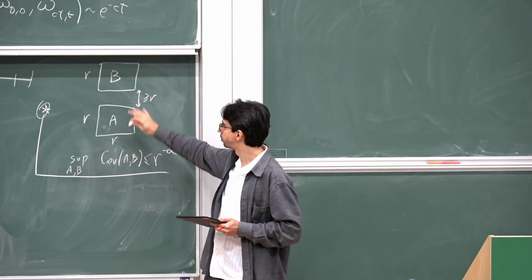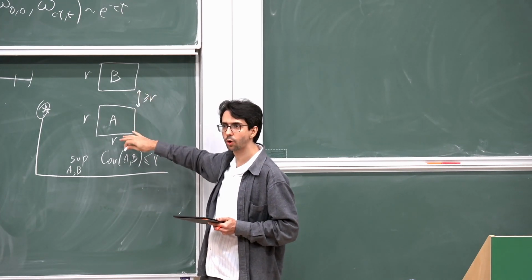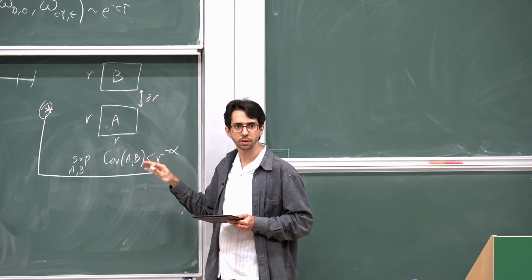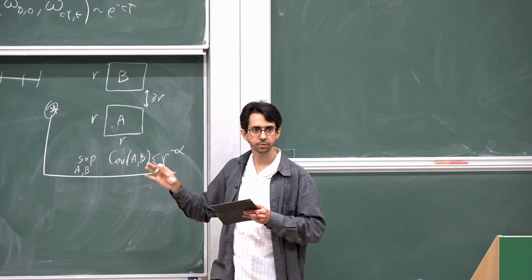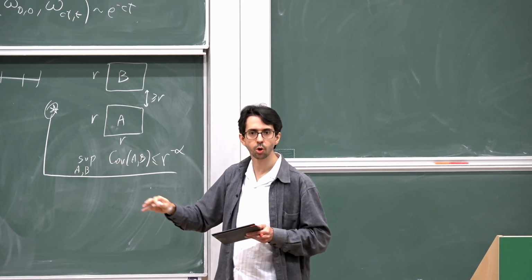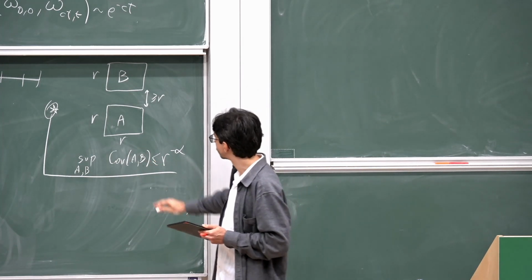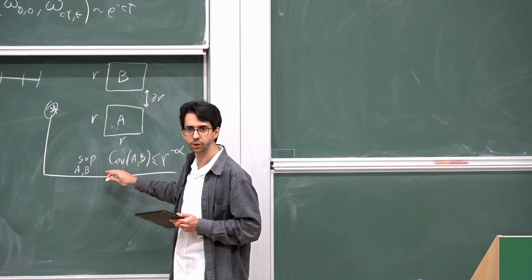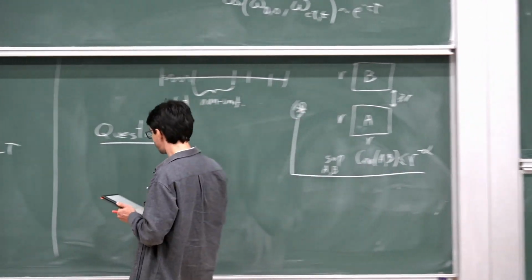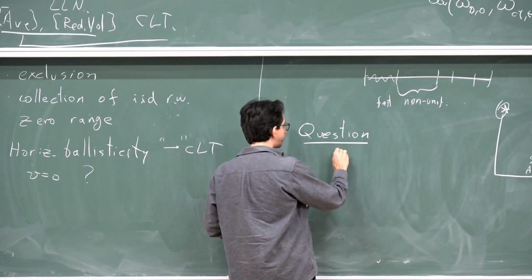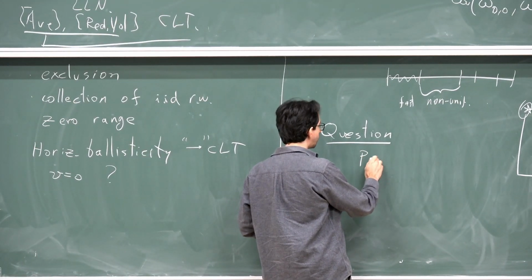And this is known to be true for all the examples I'm going to mention, the ones we know how to prove CLT for the random walk, and the ones we don't know how to prove. So this is an easy to check condition. And the question is, let's say you ask for uniform ellipticity as well if you want.